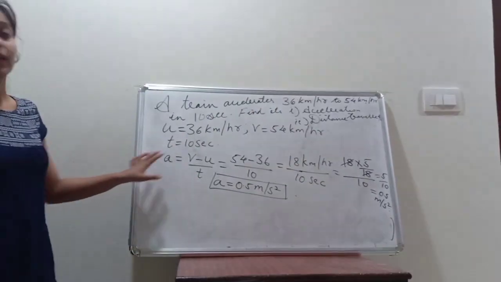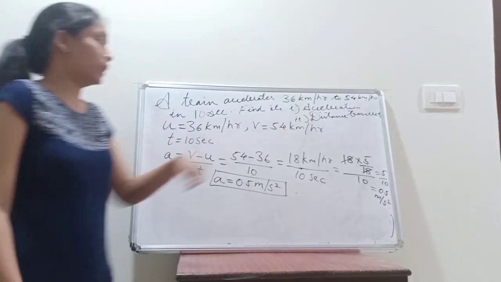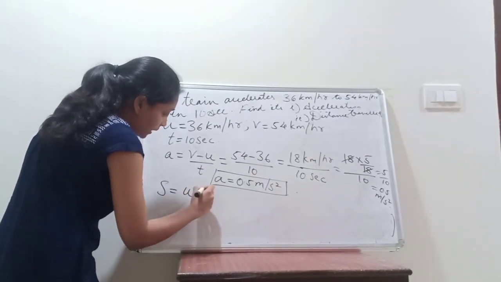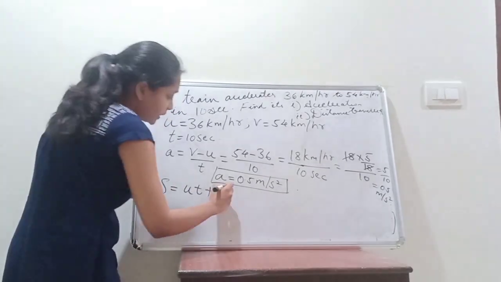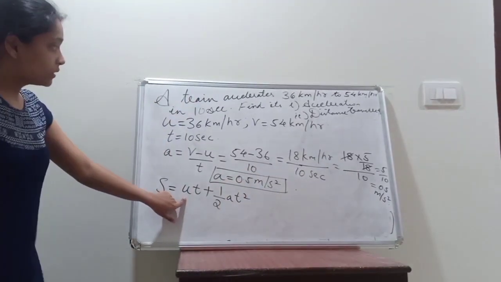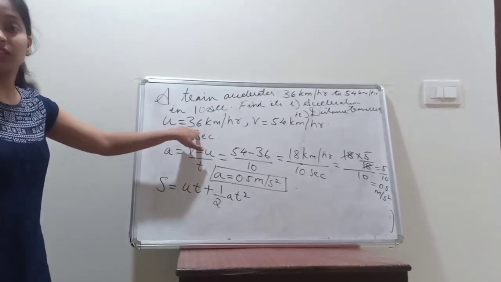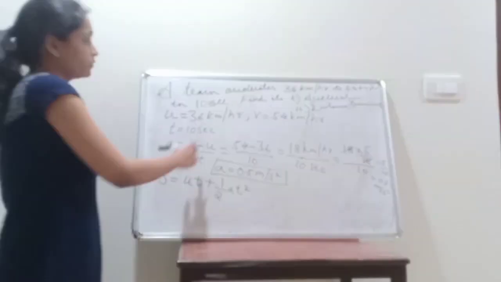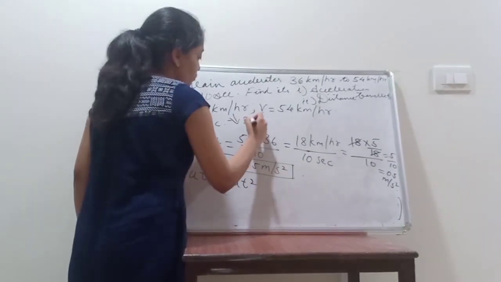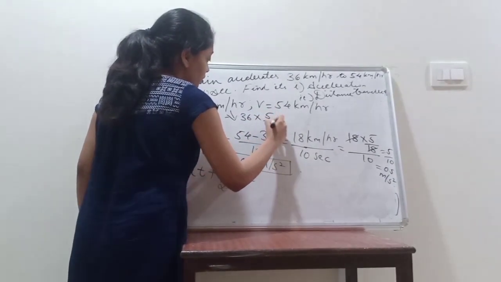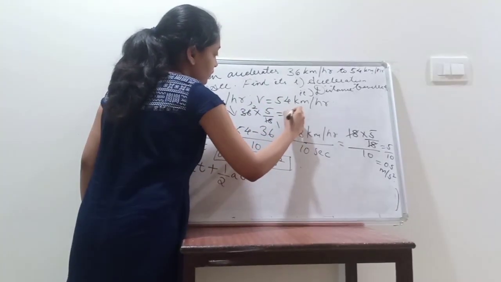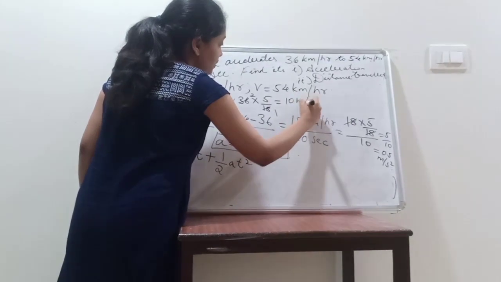Now we have to find out distance travelled by the train. From the second equation of motion we have S is equal to ut plus half at square. The initial velocity we have is 36 km per hour. So if we convert this into meters per second, we will get 10 meters per second.